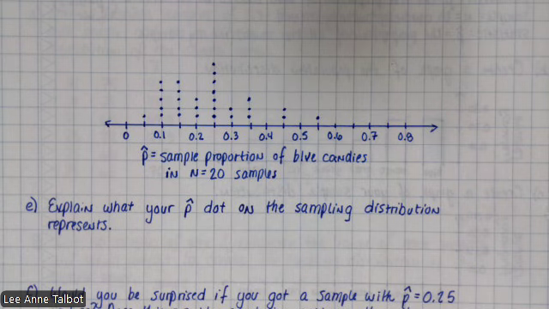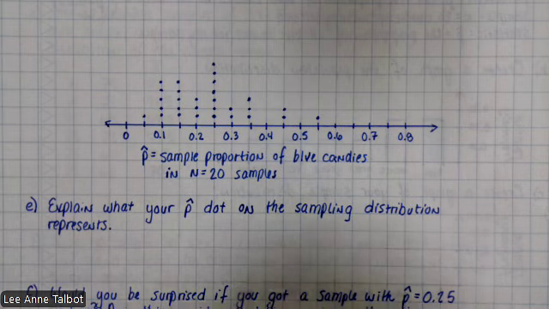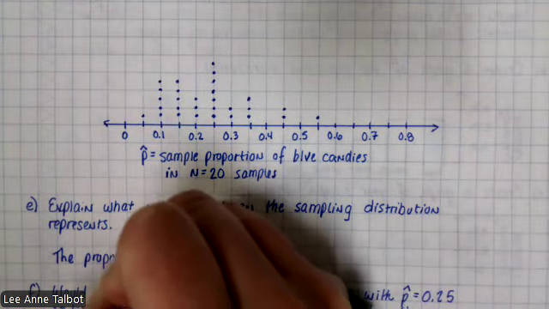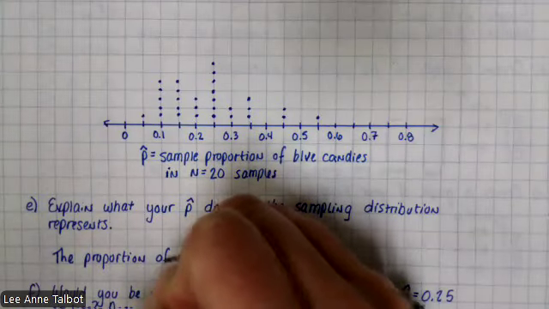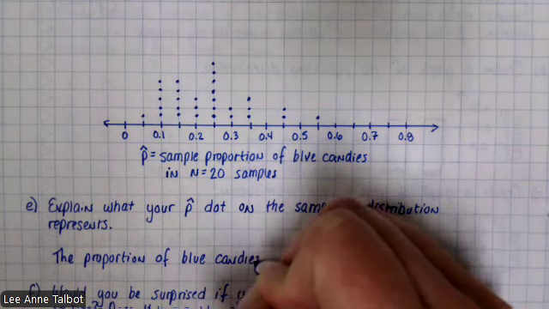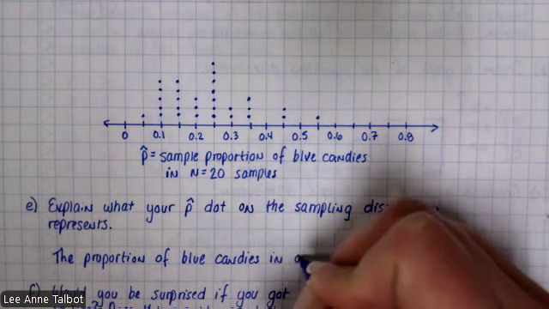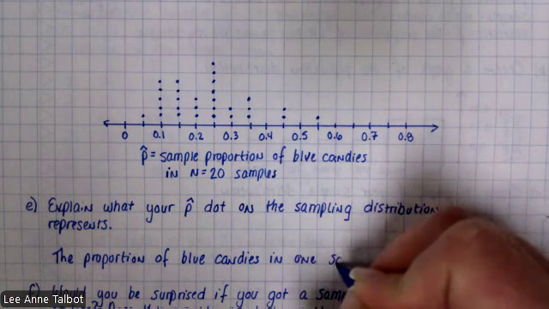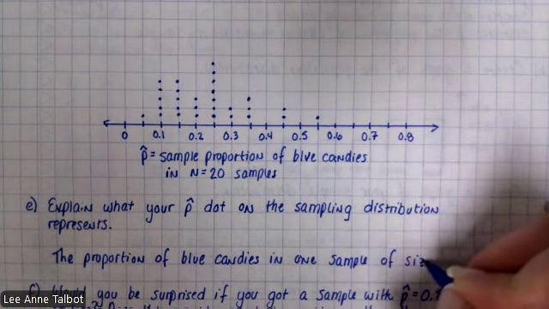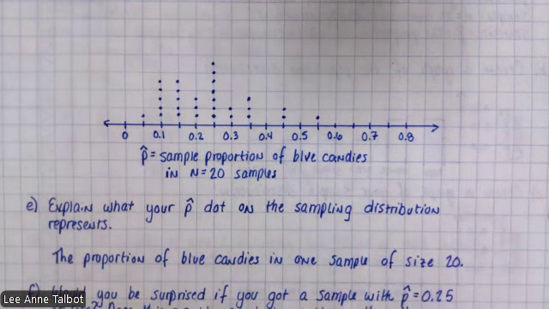Okay, so E: explain what your p hat dot on the sampling distribution represents. Your dot represents the proportion of blue candies in one sample of size 20.